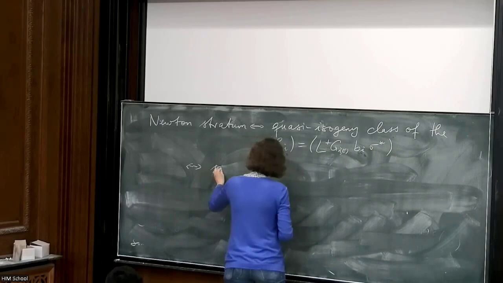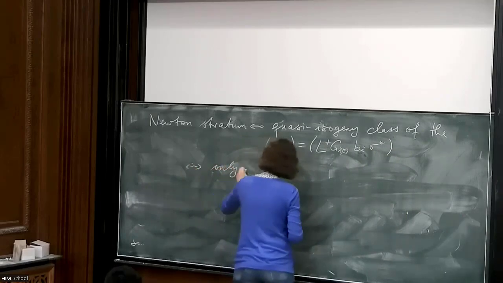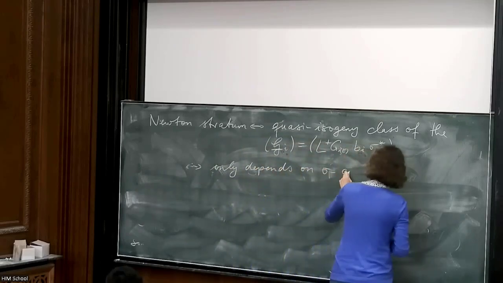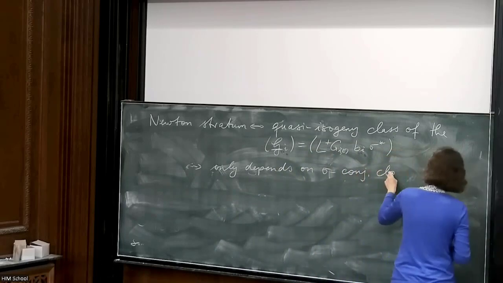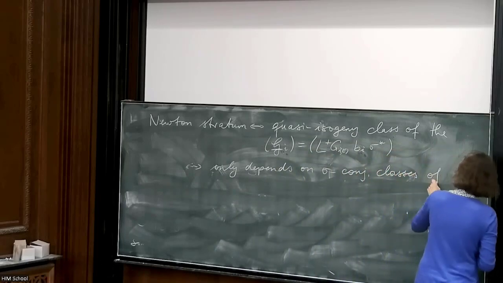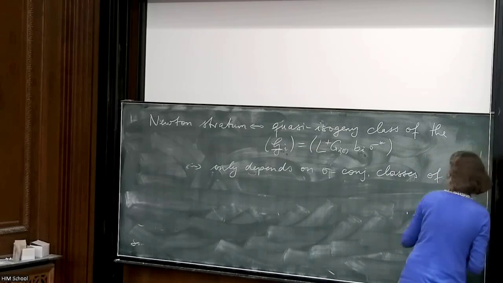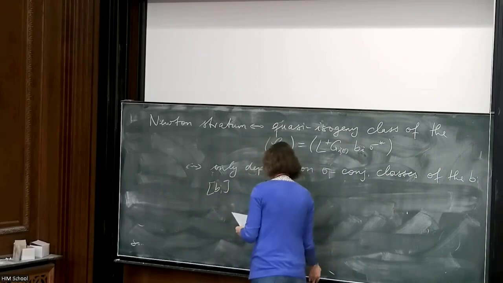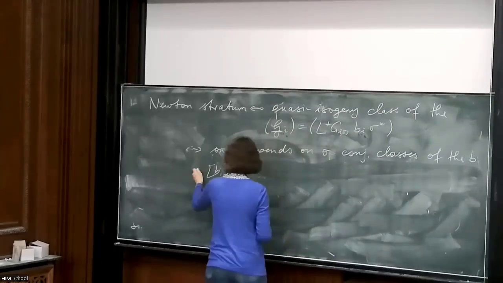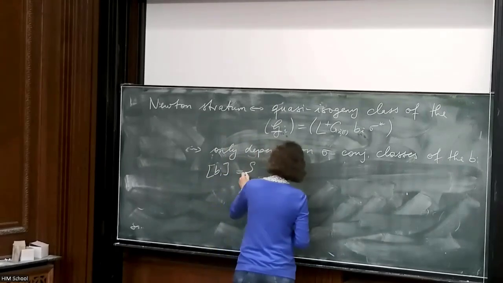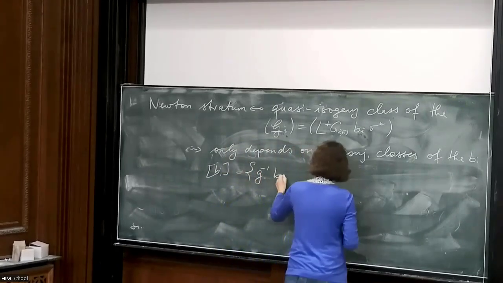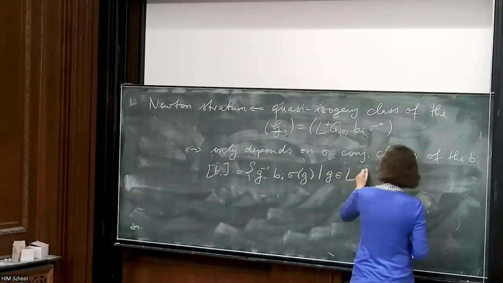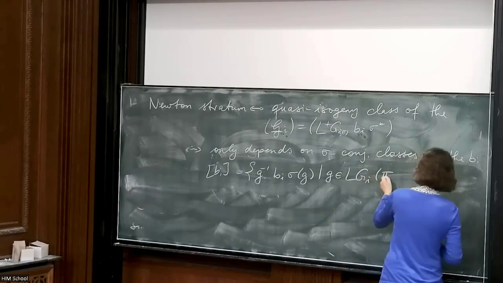So this only depends on the sigma conjugacy classes of the b_i. By sigma conjugacy class, I mean the following, say [b_i] in parentheses: this is the set of all g^{-1} b_i Frobenius(g), where g is anything in L G_i of F_q bar.